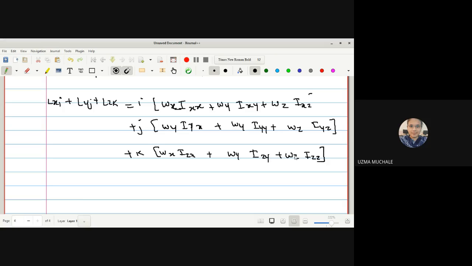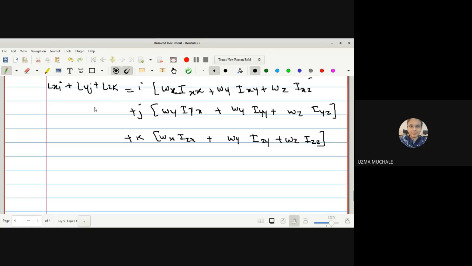After comparing the coefficients of ijk, here is also ijk, no? After comparing the coefficients of ijk, we can write Lx is equal to Wx Ixx plus Wy Ixy plus Wz Ixz.